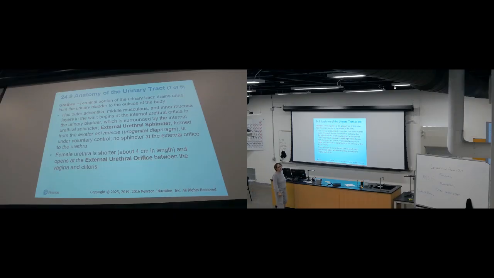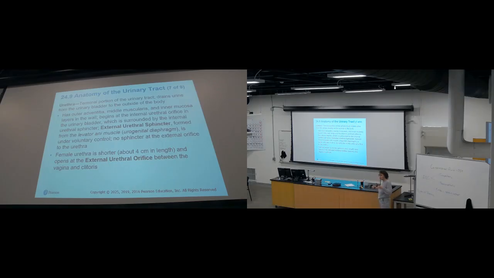Okay, the urethra is the terminal portion of the urinary tract, draining urine from the urinary bladder to the outside of the body. It's just a muscular tube, like the ureter, and it also has an adventitia, middle muscularis, and inner mucosa.